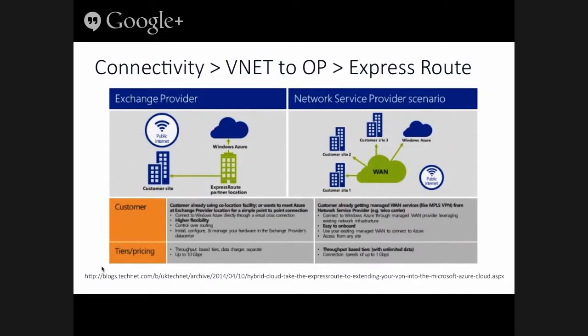So customer side, you go to the ExpressRoute partner location. And so, for example, in Europe, we have Equinix, we have BT, we have Telecity Group, and some others that are interconnected to Azure. So that means customer side to that partner, and then into Azure to get your connectivity. It's one side.